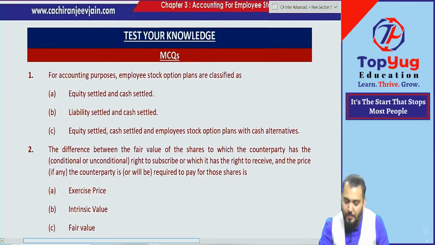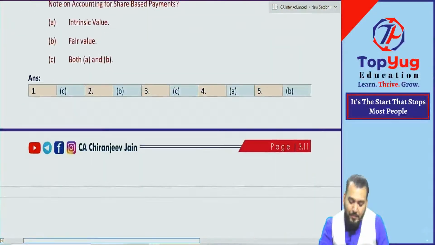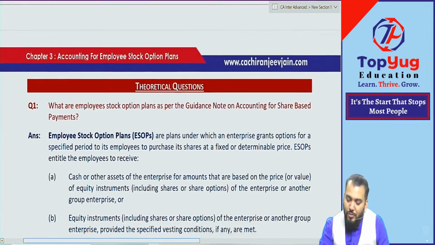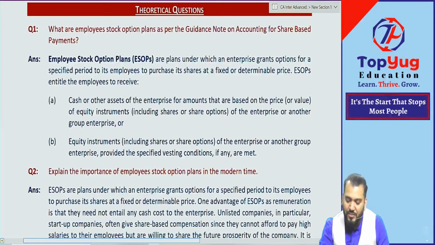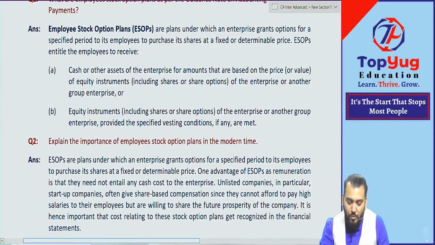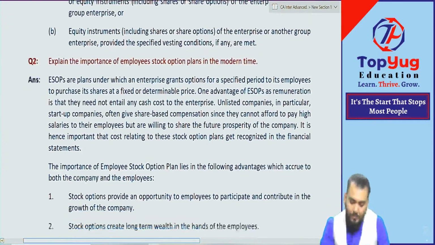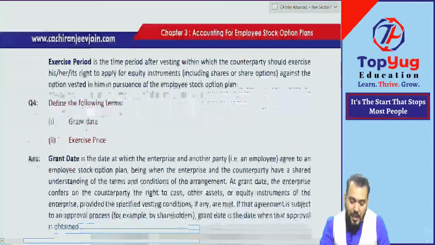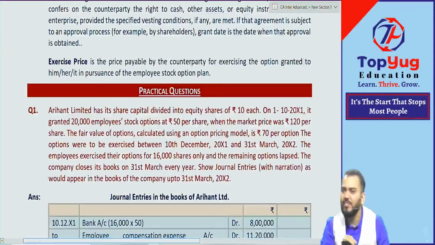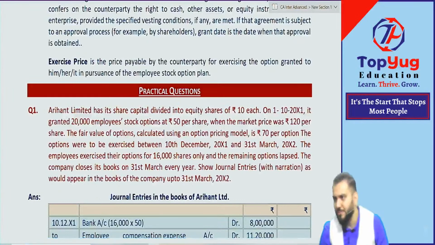If any doubt, you can ask me. Then they have given some theoretical questions, you can read them. If you understand, okay; if not, also okay, because you will ask me. There is a very rare chance they will ask a theoretical question also.